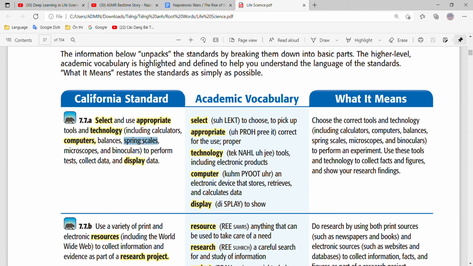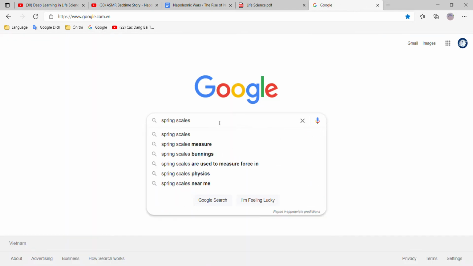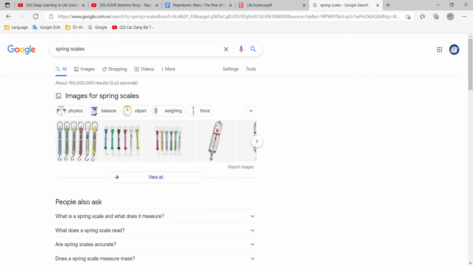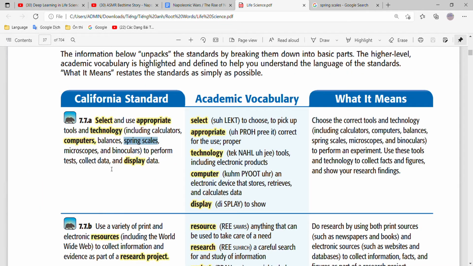Spring scale, I don't know what this means, but I'm going to try to find it out. Oh, spring scale. Okay, so this is a spring scale. Microscope.